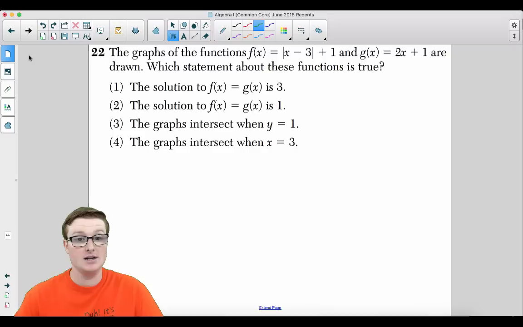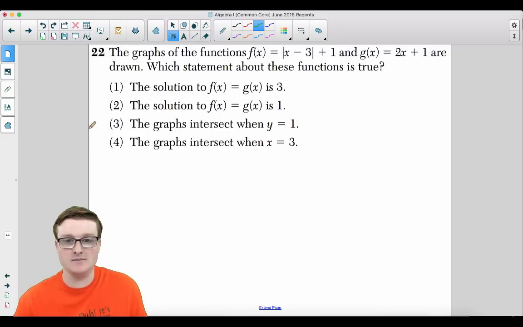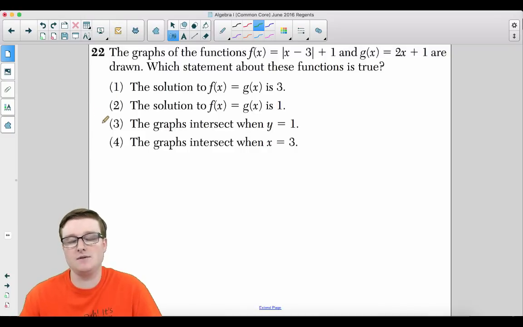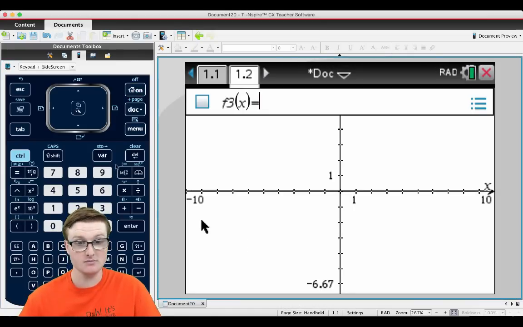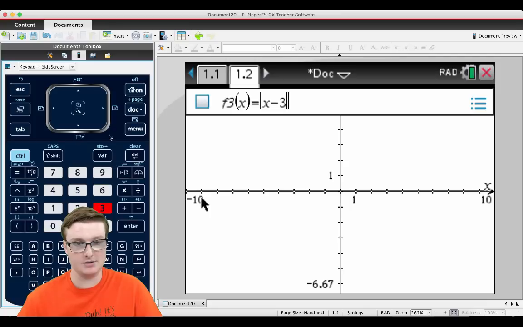And that's it. Number 22, the graphs of the functions f of x equals the absolute value of x minus 3 plus 1 and g of x equals 2x plus 1 are drawn. Which statement about these functions is true? So I'm going to go to my graphing calculator again. So the absolute value of x minus 3 plus 1.